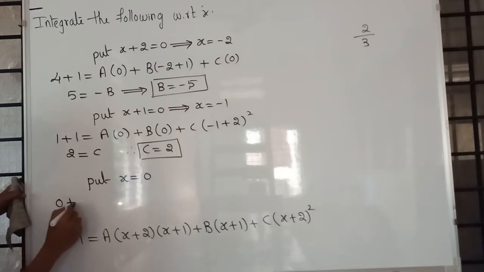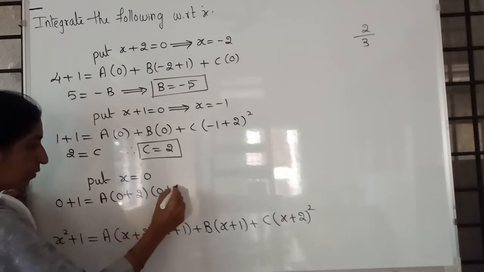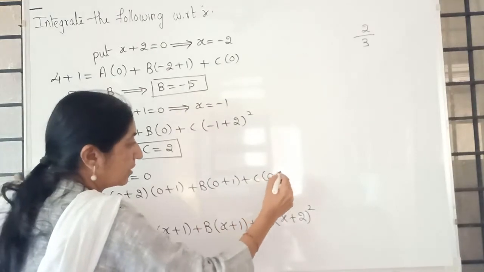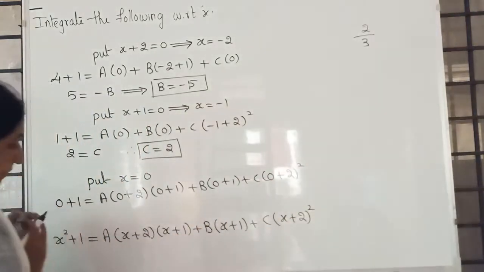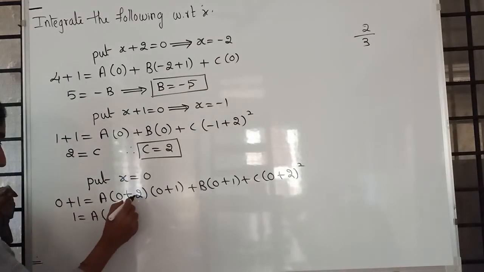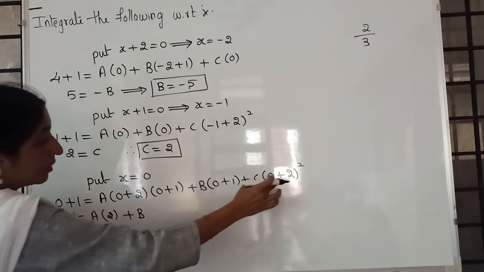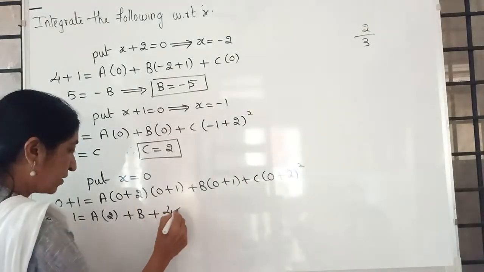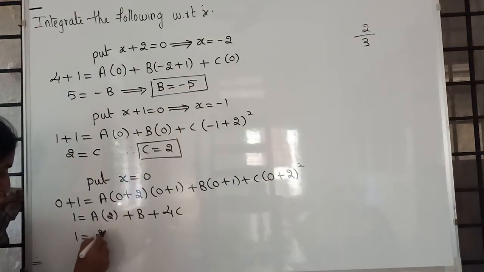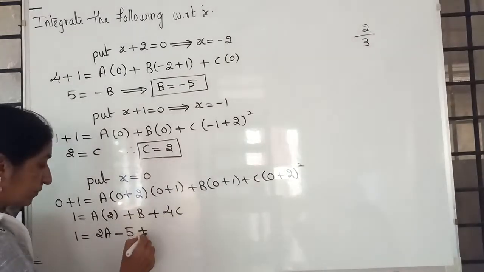So 0 squared is a, 0 plus 2, 0 plus 1, b, 0 plus 1, c, 0 plus 2 whole square. So it is 1 equals a into 2, here 2 remaining, here 1, that is 2, plus b, 2 squared is 4, 4c, and we are familiar with b and c values, substitute that: 2a, b is minus 5, c is 2, 4 into 2 is 8.